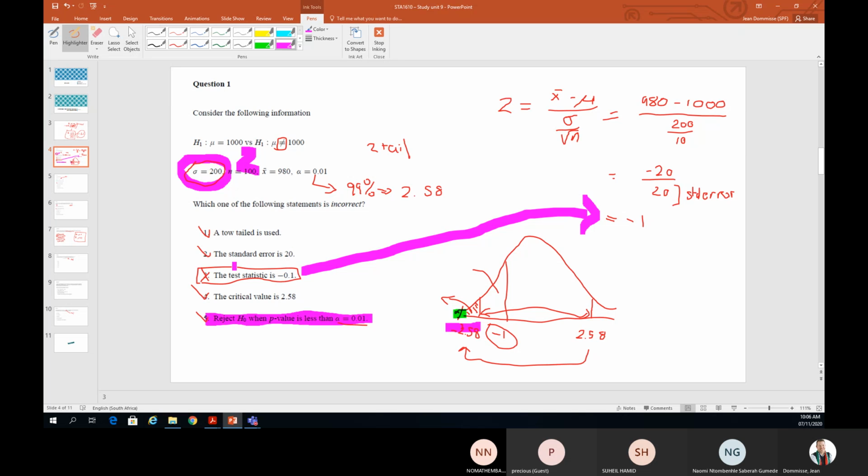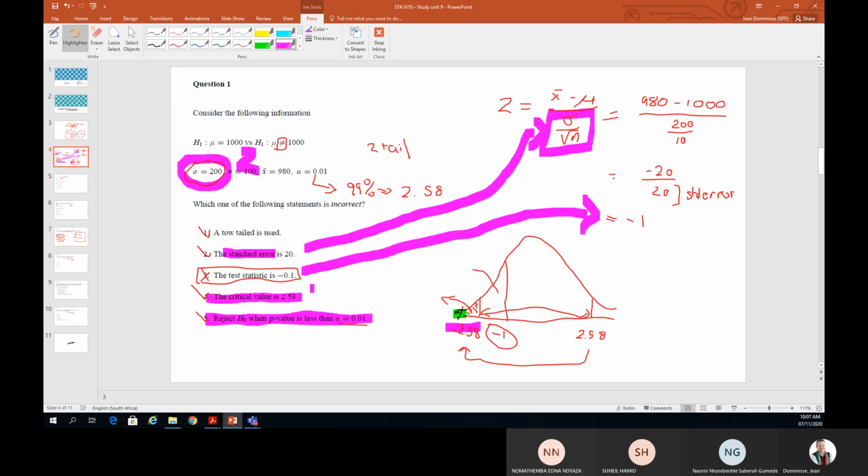While I worked this out, I actually did work out the standard error as well, and we did that a week or two ago. The critical value, I can basically read off the table. Yeah, so that is the first one.